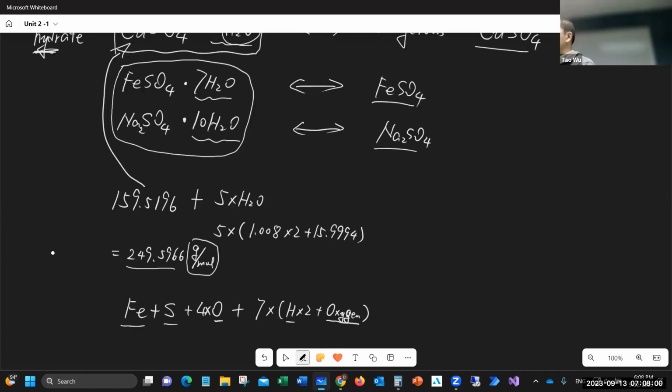Right? Okay, so this is the molar mass again. I'm not going to show the numbers because in your lab you're supposed to work on this on your own and figure out the molar mass. Sodium sulfate with the 10 waters is the same thing. And this is called sodium sulfate decahydrate. Okay, decahydrate. All right.